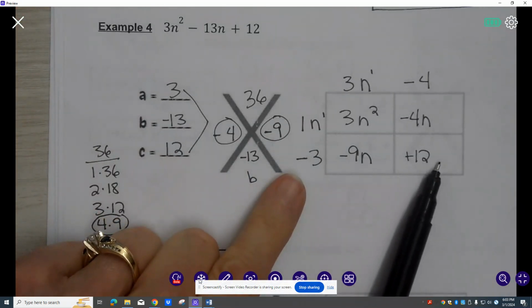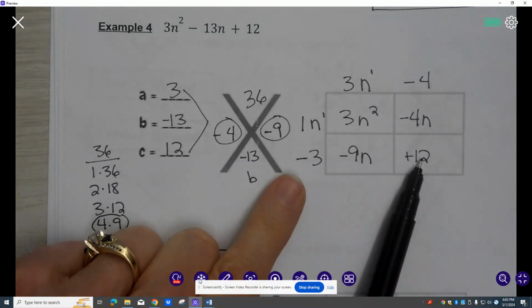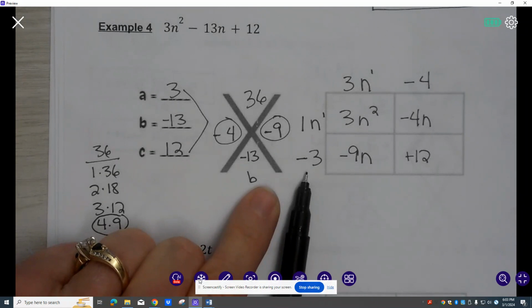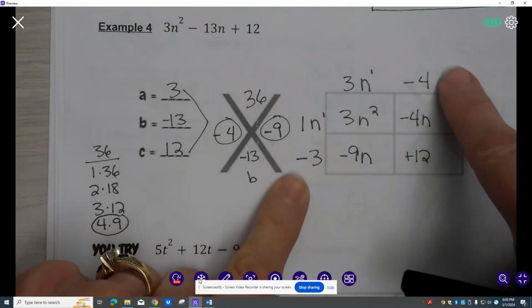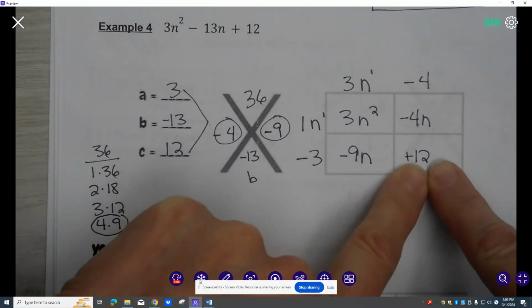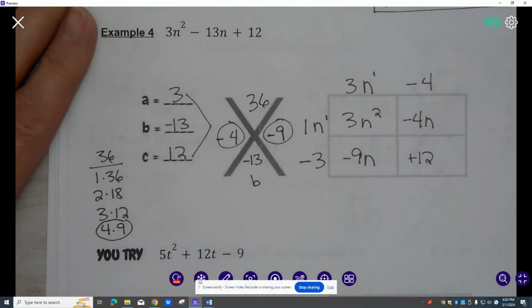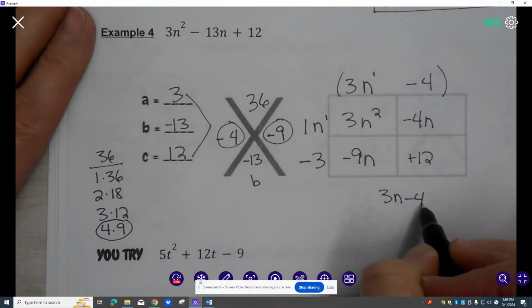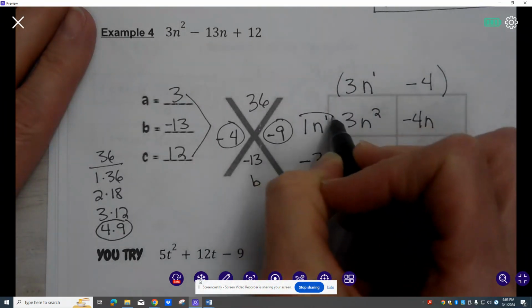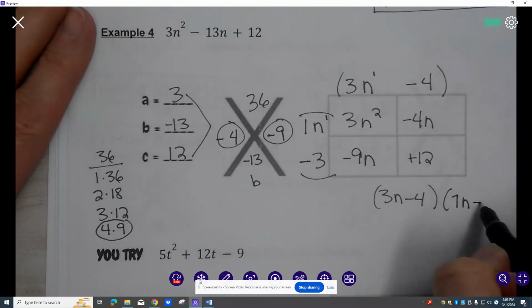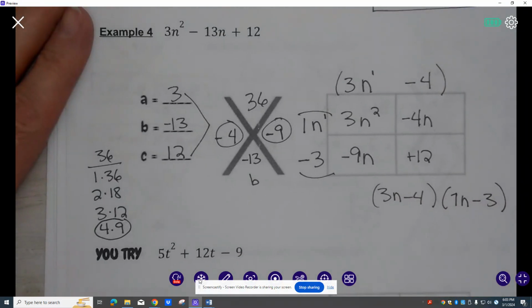Also notice across this row, the greatest common factor of 9 and 12 is 3. Okay, let's do the final check where I multiply the negative 4 times the negative 3, and I do get positive 12. Okay, so my first factor is 3n minus 4. And my second factor is 1n minus 3.